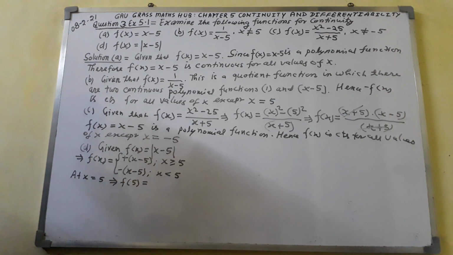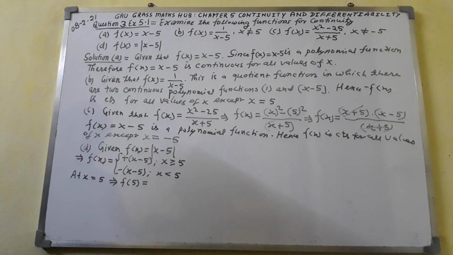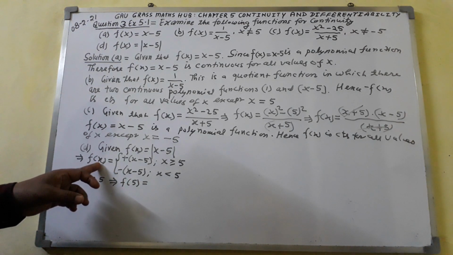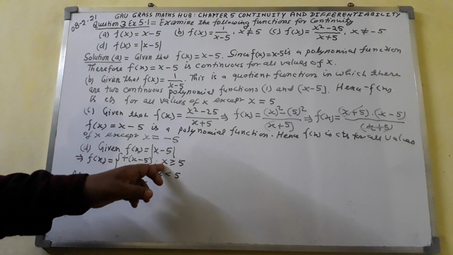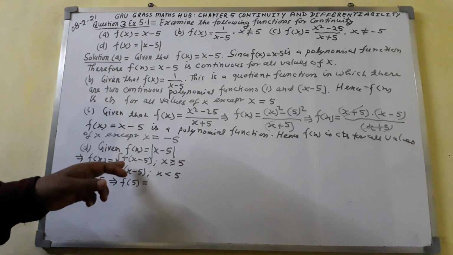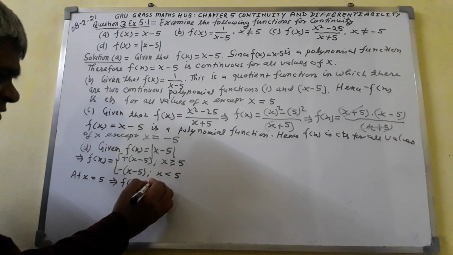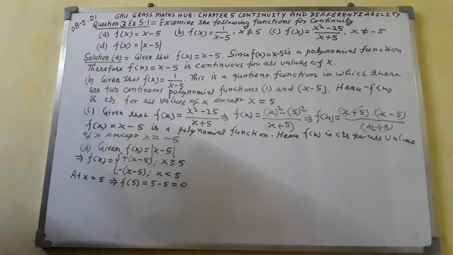The f of 5 means in place of x, I have written 5. This condition you will apply at x equal to 5. This function will be this one. So it comes out to be 5 minus 5, which is 0. The f of 5 you have got here is 0.